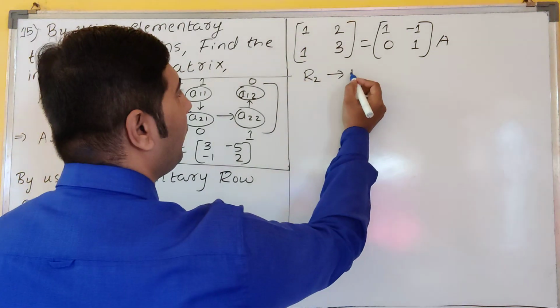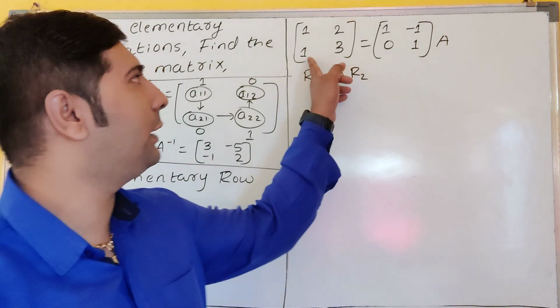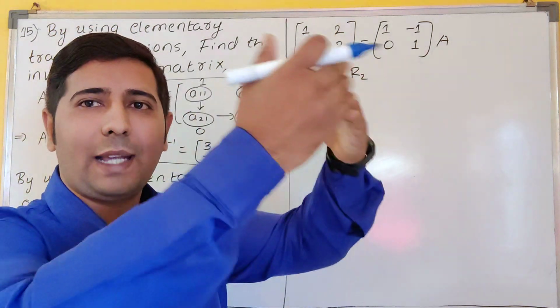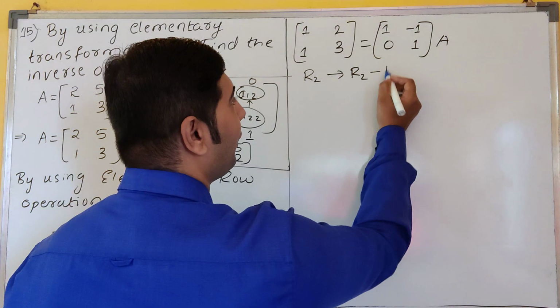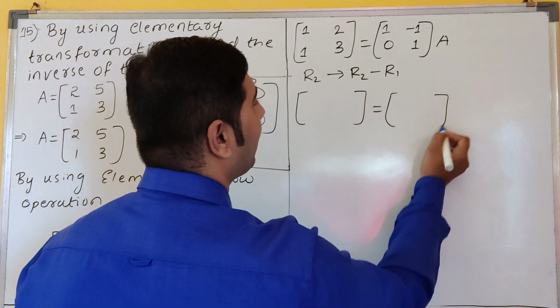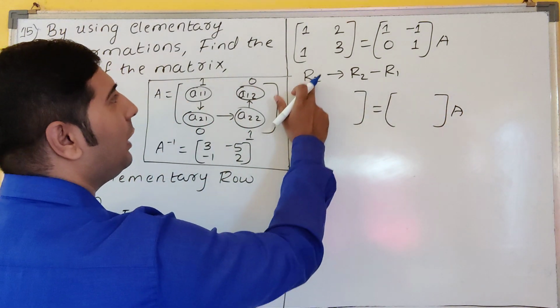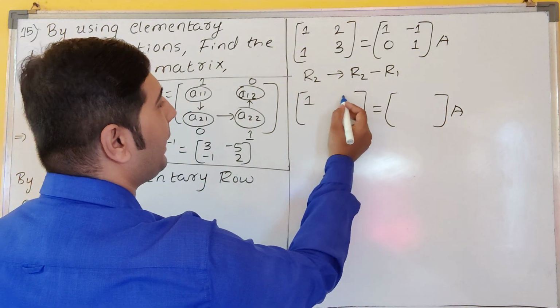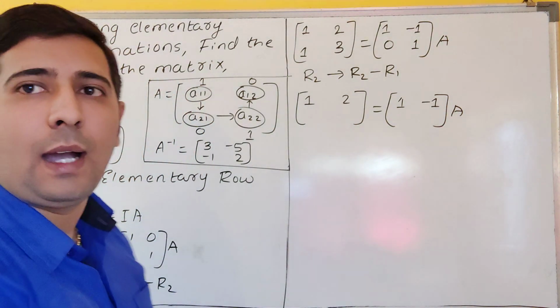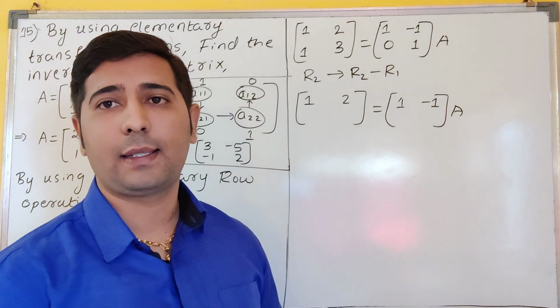R2 is 1 and R1 is 1, so R2 minus R1, because both are 1. You are changing R2, R1 is not changing, so you write R1 as it is. Clear? R1 is not changing, that's why I have written it as it is.